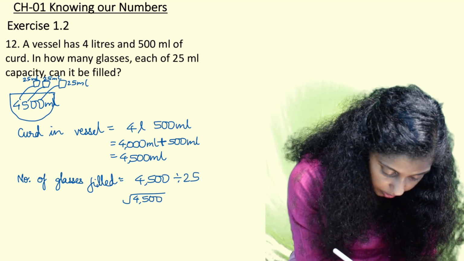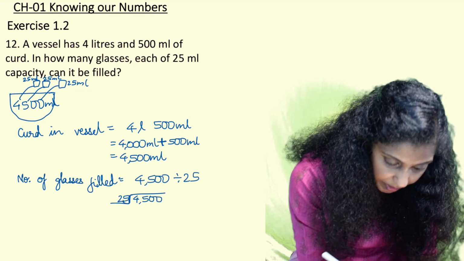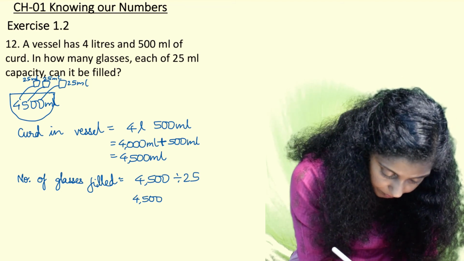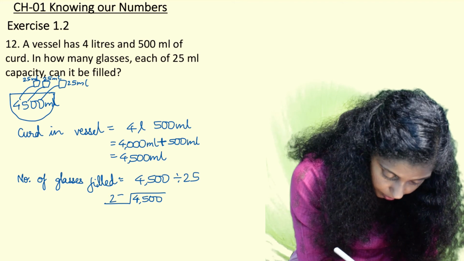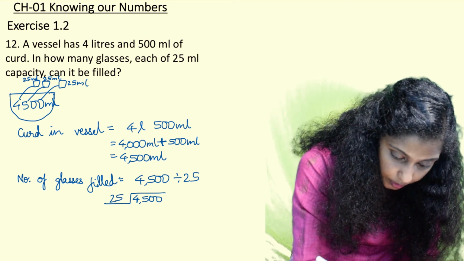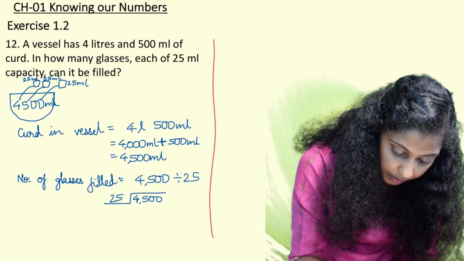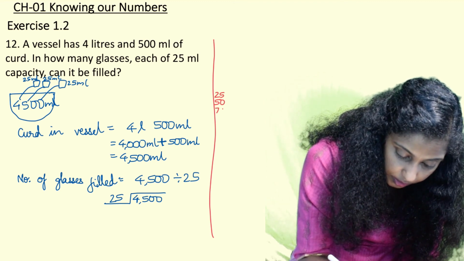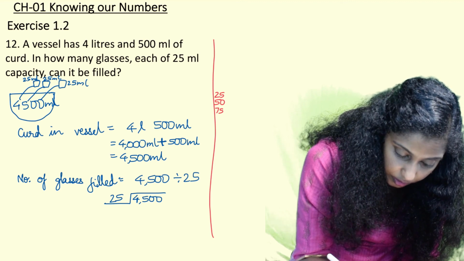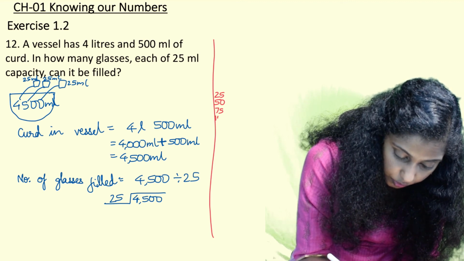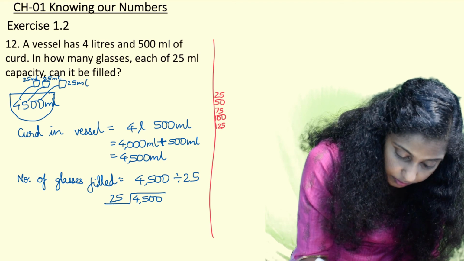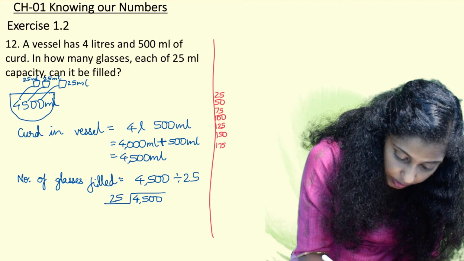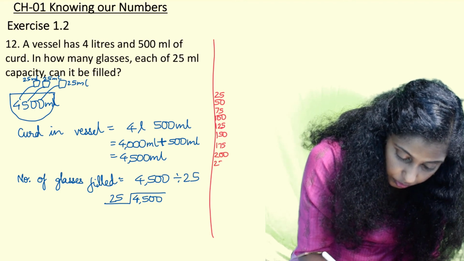4500 divided by 25. It will be best if we write the table in one corner, which will make our task very, very simple. 25 ones are 25, 2s are 50, 3s are 75, 4s are 100, 125, 150, 175, then we have 200, 225.